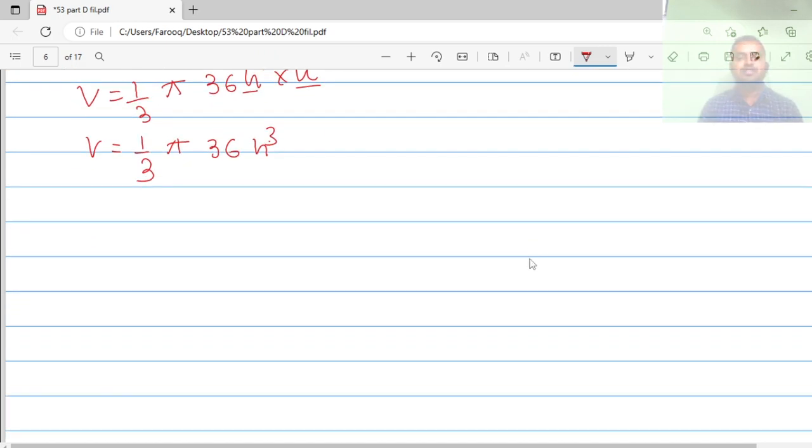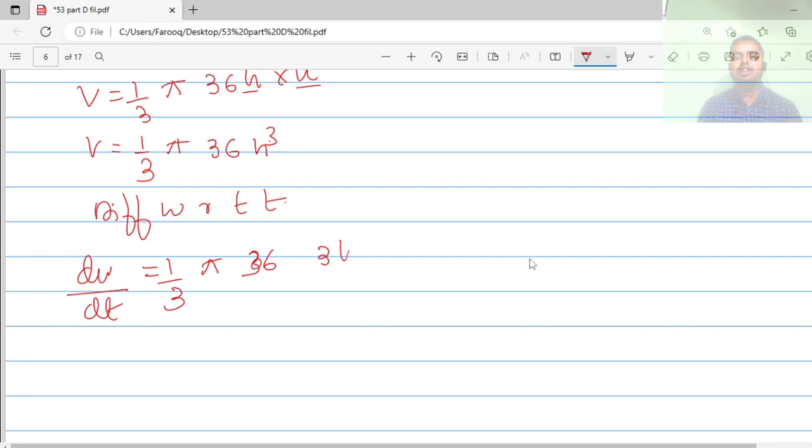Now differentiating with respect to t. dV by dt is equal to 1 by 3 pi, which is a constant. Derivative of H cube is 3H square dH by dt.